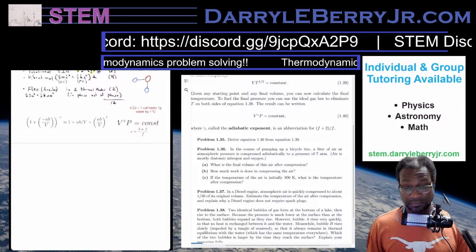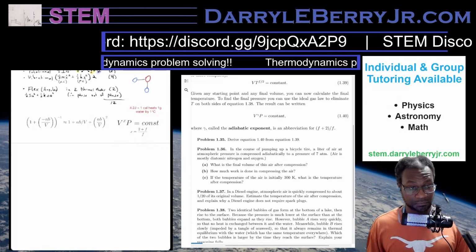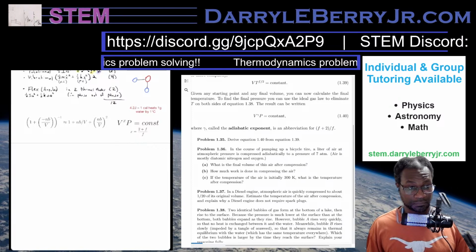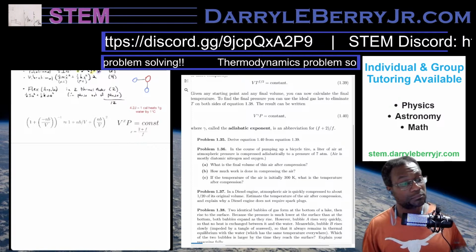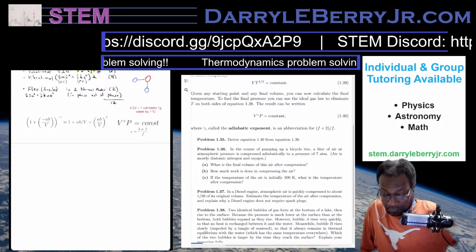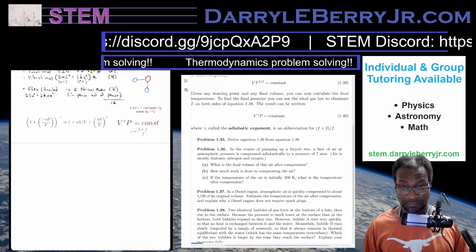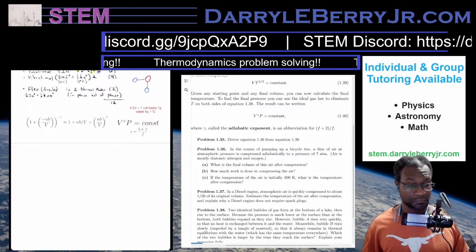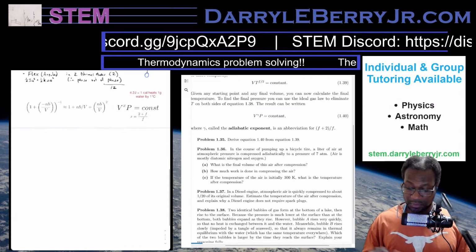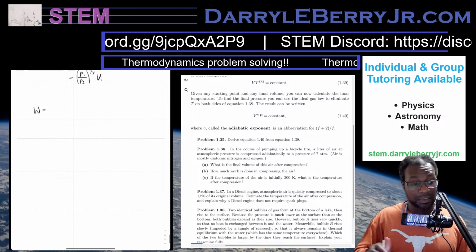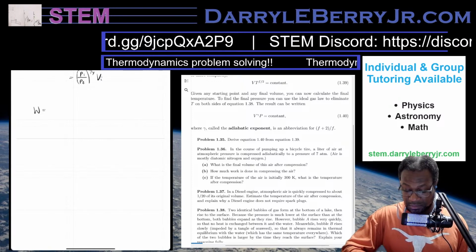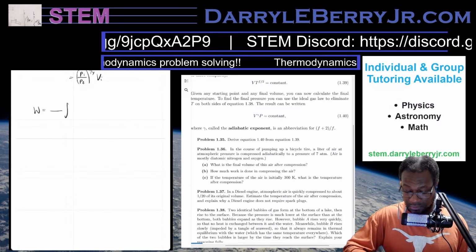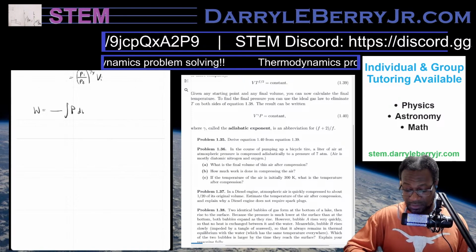Now we have this integral to work with, negative integral P dV.